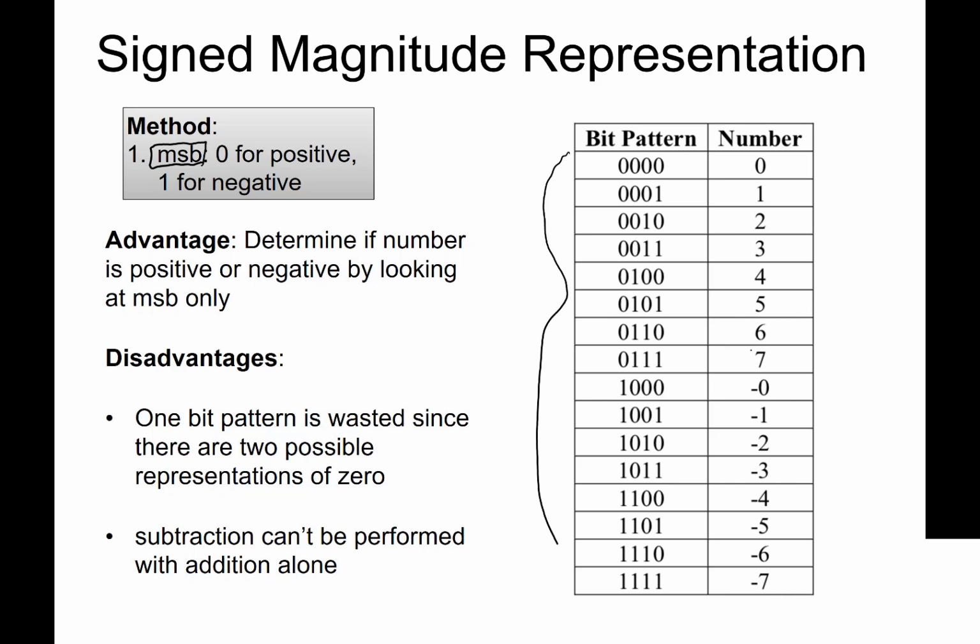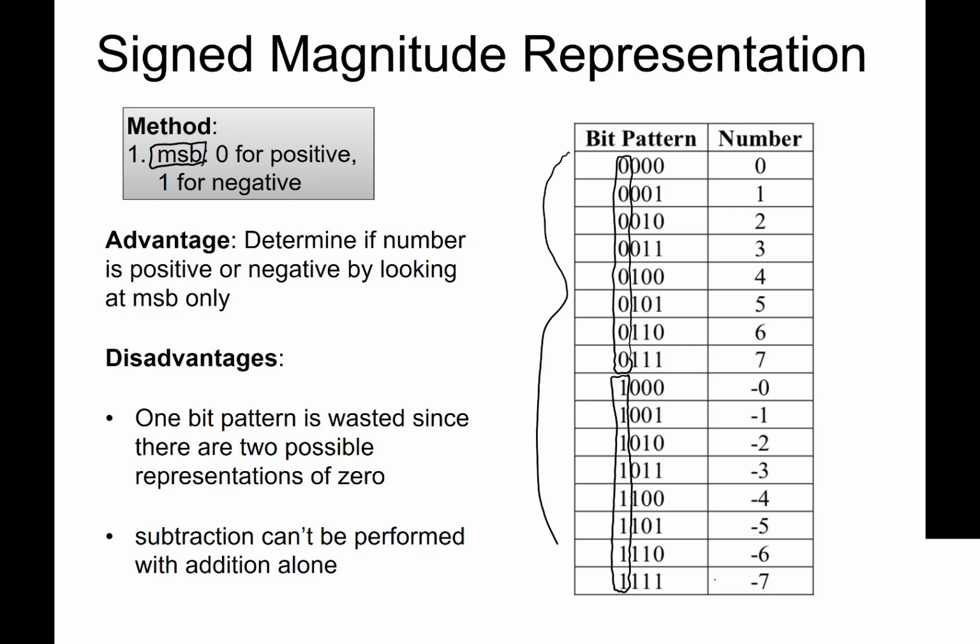So for the positive numbers, we have 0 through 7, and we have simply set this first bit, the most significant bit, equal to 0 to indicate that those are positive numbers. And then for the negative numbers, we've taken this most significant bit and set it equal to 1 to represent that these numbers, this negative 0 through negative 7, are negative numbers.